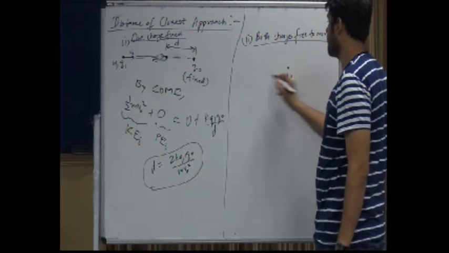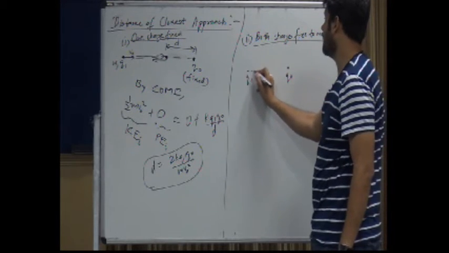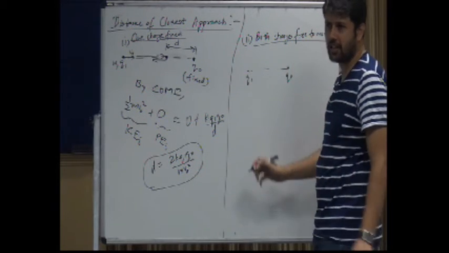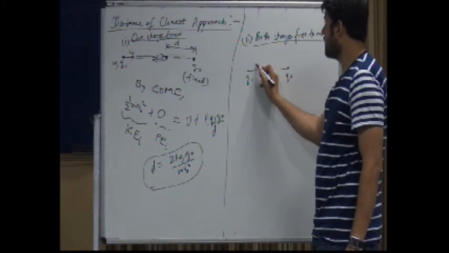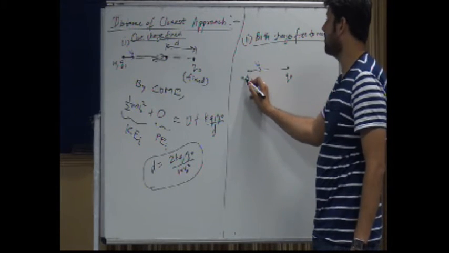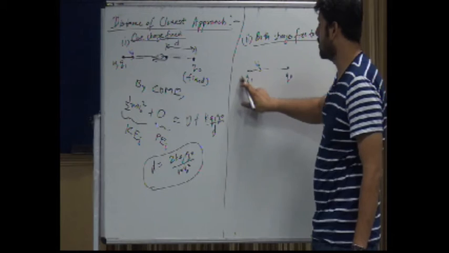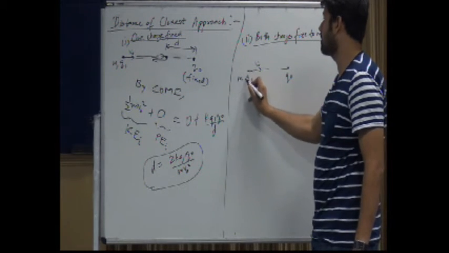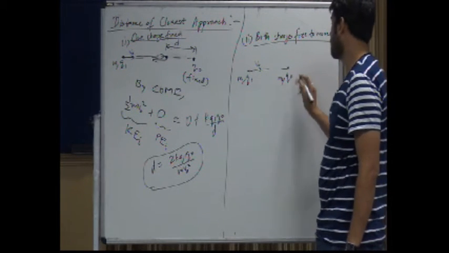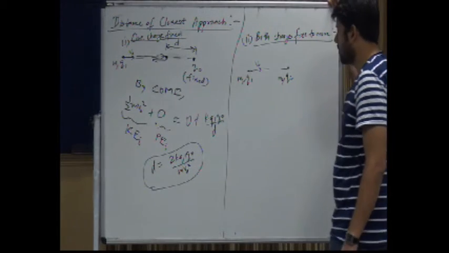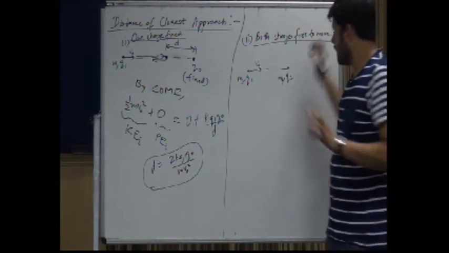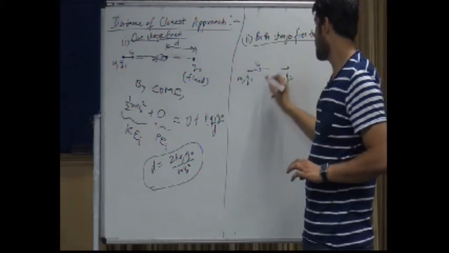So this is our charge Q naught, this is charge Q1, and the distance initially is very large. It is moving with the velocity V naught, mass is m1, and this mass is m2, let's call it q2. The initial distance is large.